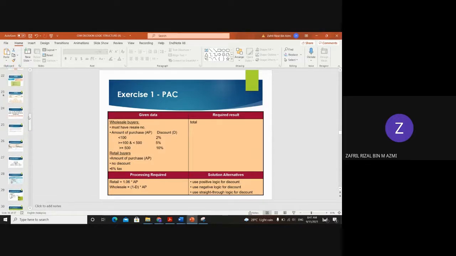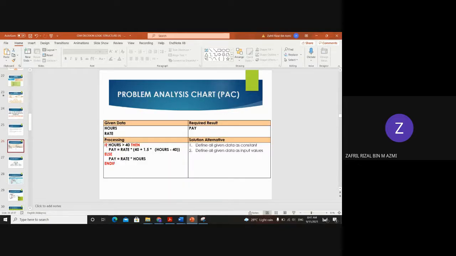Example from the notes, you put it over here. It's up to you. If you want to combine both, that's the best answer: put the table of conditions in the given data.